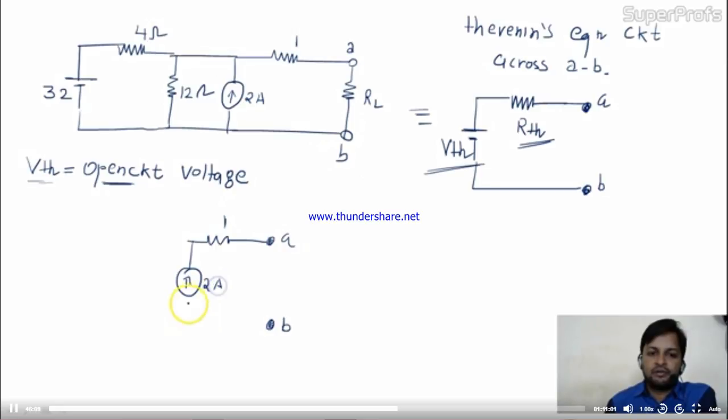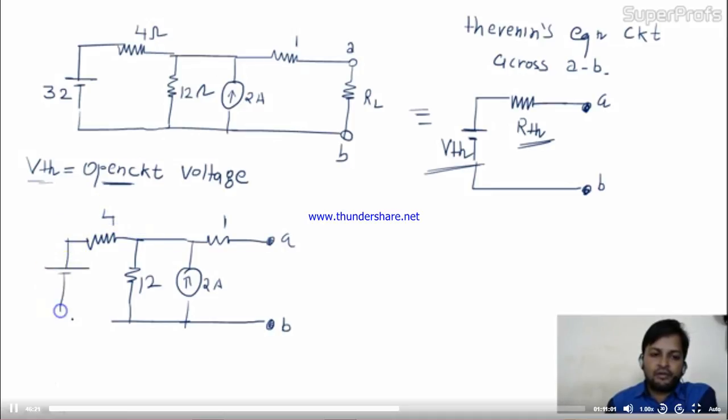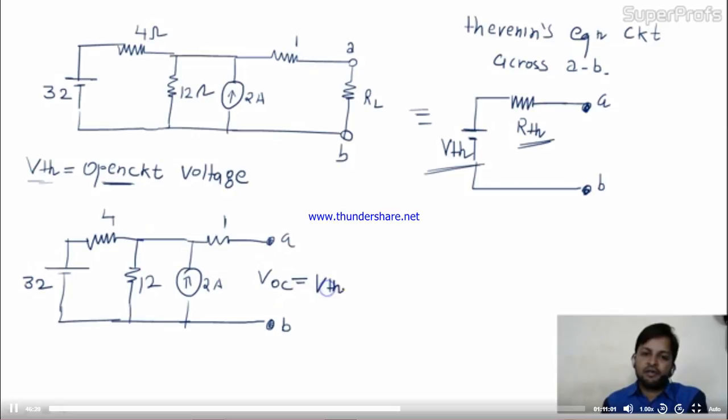This is 2, this is 12, this is 4, this is 32. Now we have to find this open circuit voltage, and this is nothing but VTH. Now how to find this open circuit voltage?